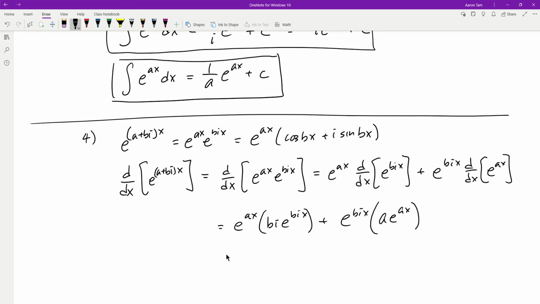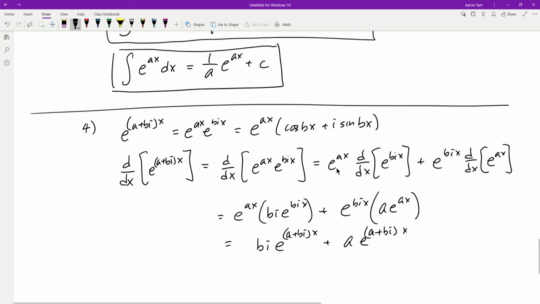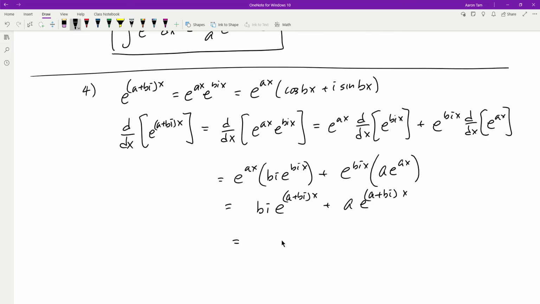And now if I look at this, I can combine them into this. So it will be bi e to the (a plus bi)x plus a e to the (a plus bi)x. And so if I now pull out the e to the (a plus bi)x together, that forms (a plus bi) e to the (a plus bi)x. So that formed the derivative of e to the (a plus bi)x.